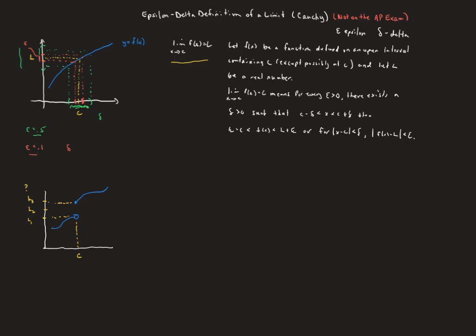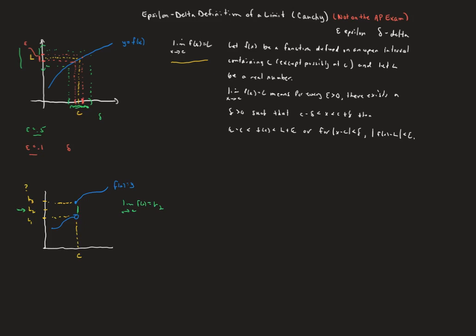Because suppose you choose an epsilon that's smaller than that, and whatever L we pick, suppose we pick this as our limit. We think that the limit as x approaches c of this function f of x is going to be that L2. So here's our function right there.